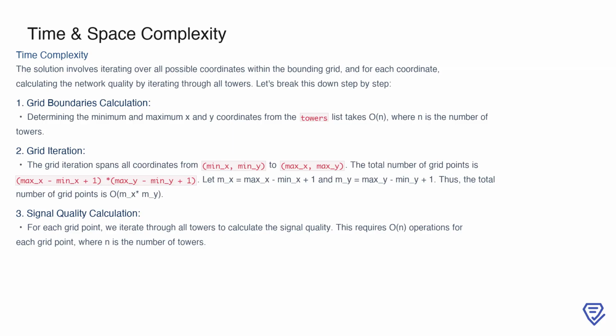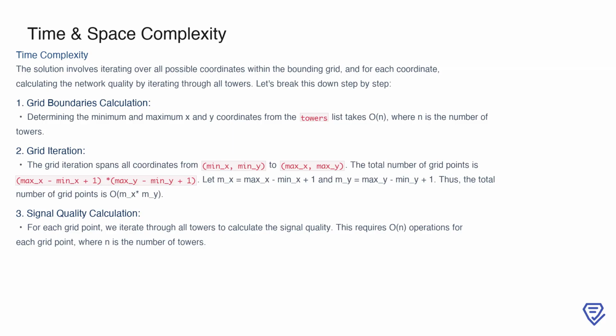Here, we are iterating over a bounding grid defined by the minimum and maximum x and y coordinates. The total number of grid points is determined by the width and height of this grid, which we represent as m_x and m_y. The time complexity of this step is m_x * m_y, as we visit each grid point once.